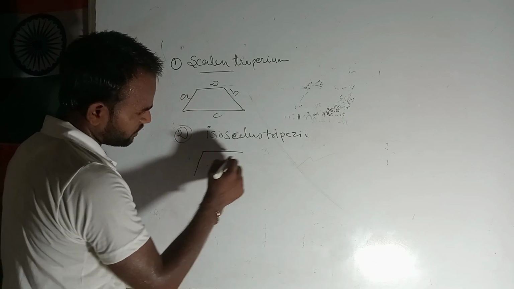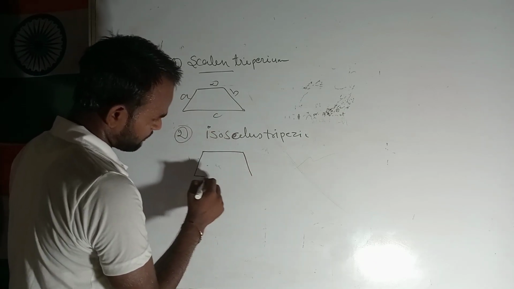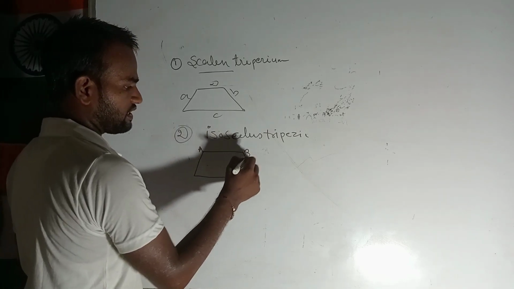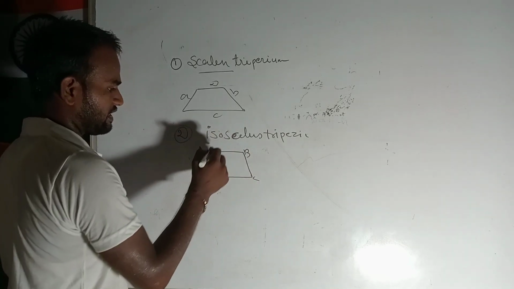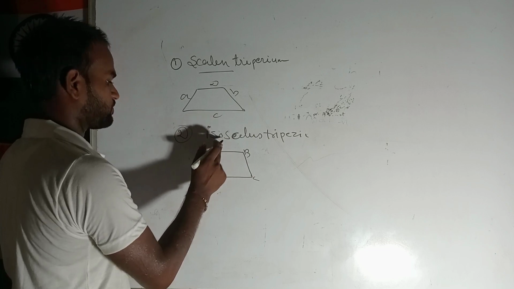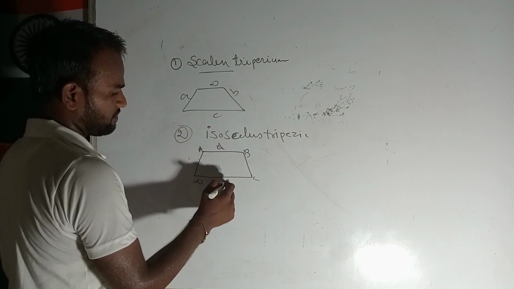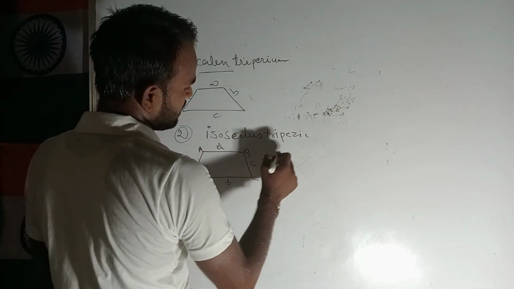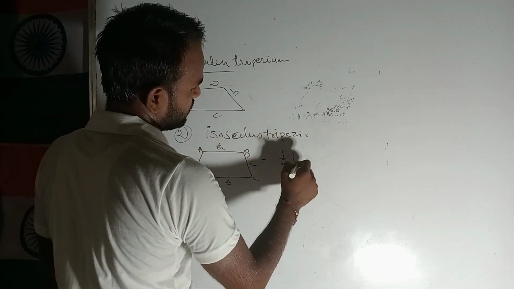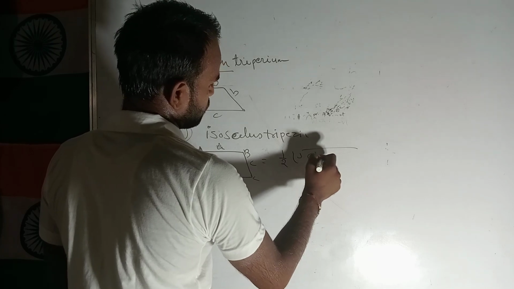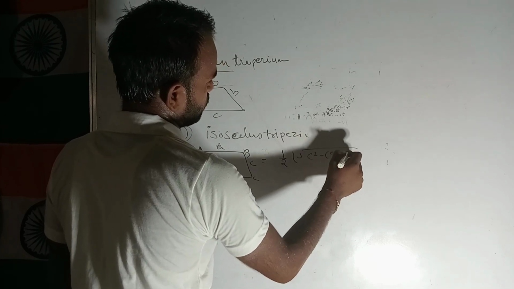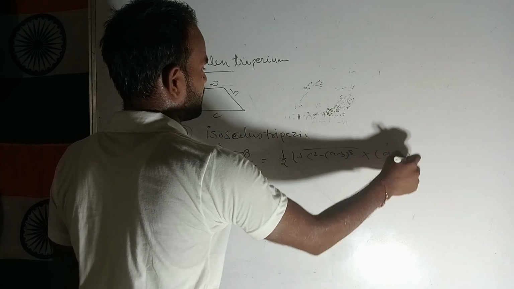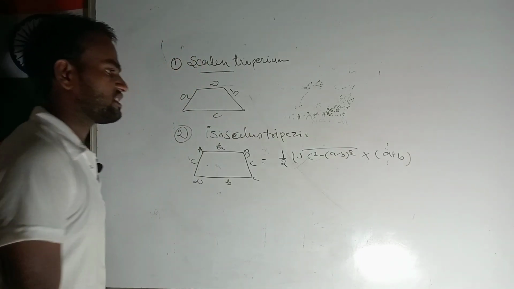This is your trapezium, A, B, C, D. Let's take the parallel sides as A and B. This leg equals this leg, C. And the area will be half into the square root of C squared minus (A minus B) whole squared, into A plus B. This will be the area of the isosceles trapezium.